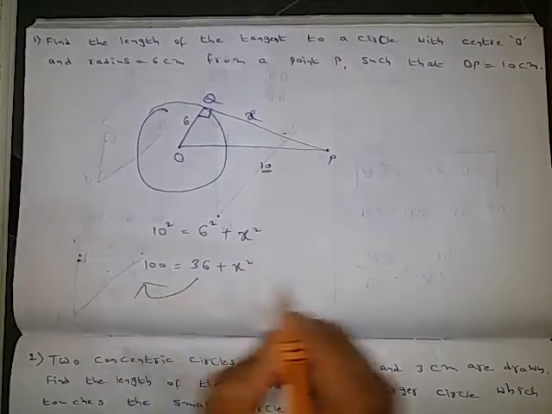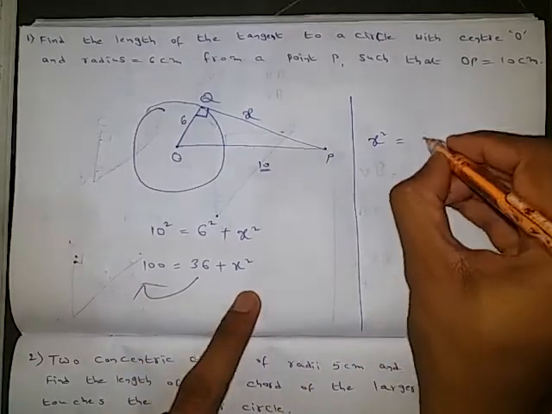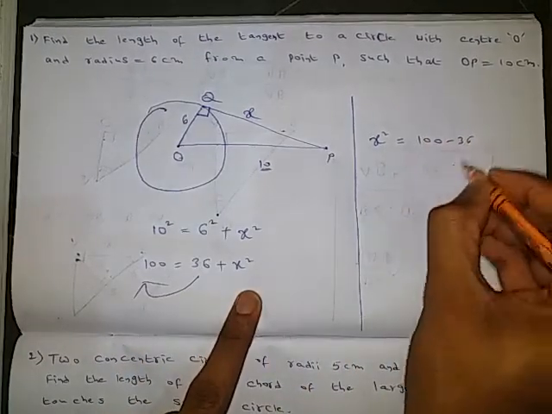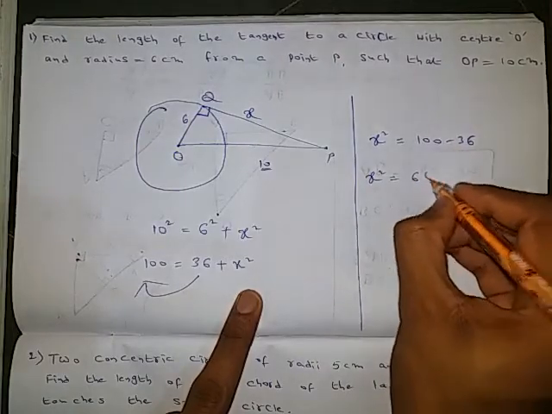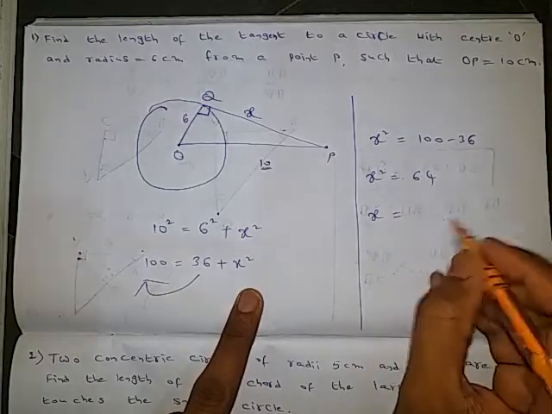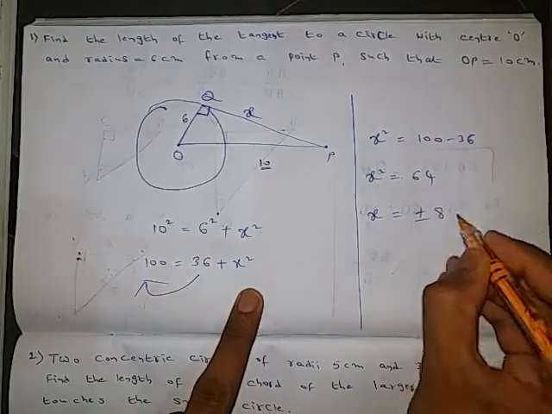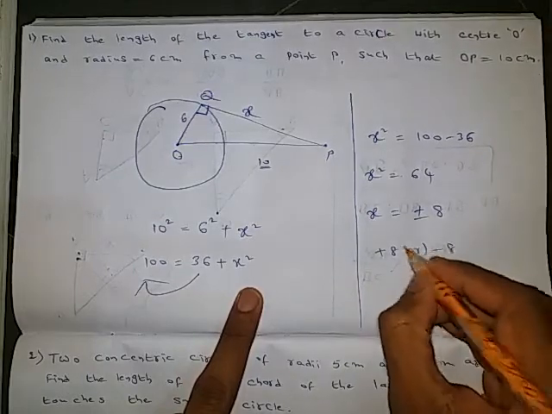So take 36 this side, we will get x square is equal to 100 minus 36. X square is equal to 100 minus 36, 64. X square is 64, then x value is plus or minus 8. It means plus 8 or minus 8.